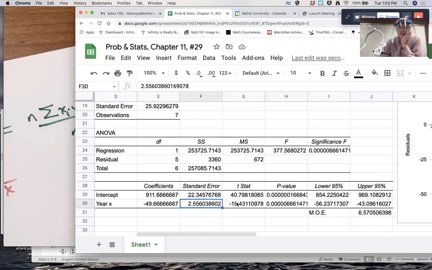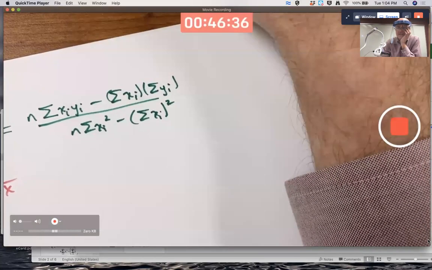Let's go over here next to this t-stat. Negative 19.4. What is that? That is a t-statistic for a certain hypothesis test. And it's pretty far from 0. The p-value is very small. We're going to reject the null hypothesis, whatever that null hypothesis is. What is the null hypothesis in this context?